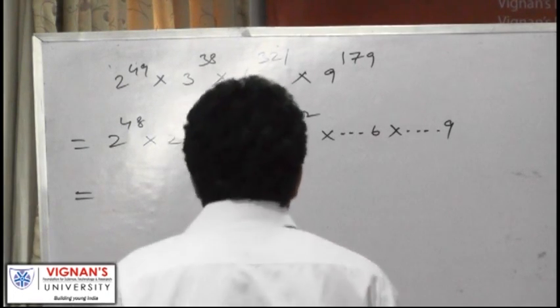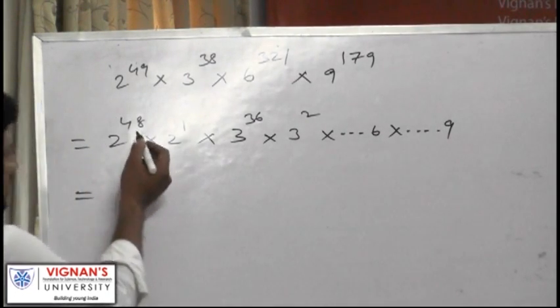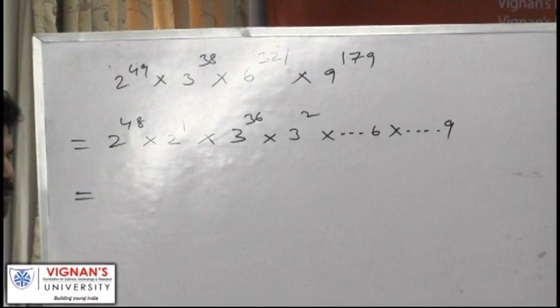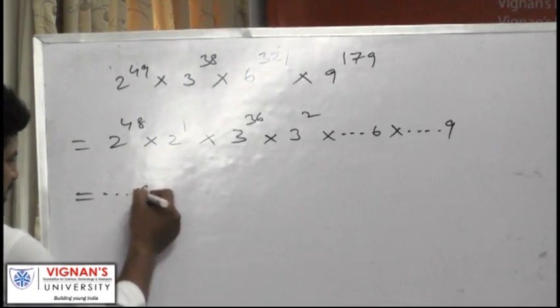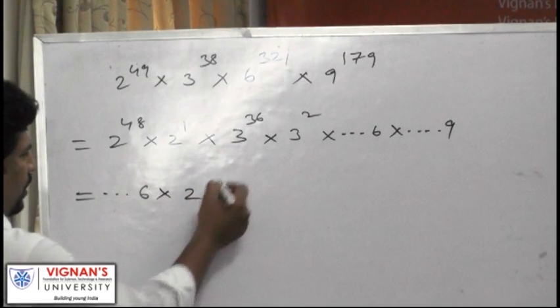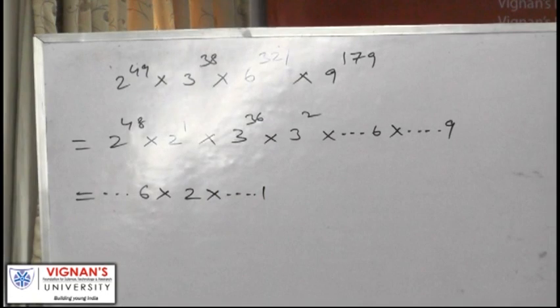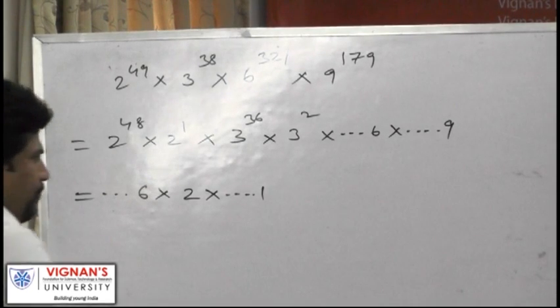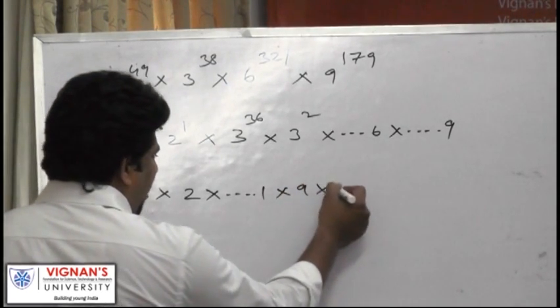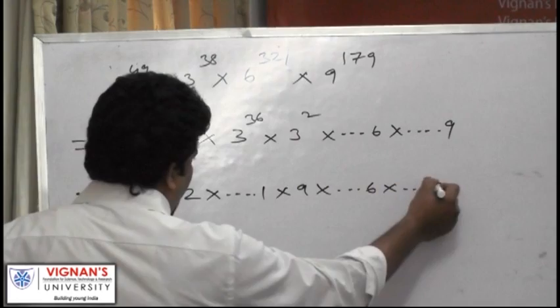That's why I have written it as 48, because 48 is a multiple of 4. 2 power 4n, if the power is of the form 4n, a multiple of 4, the unit digit is 6. 3 power 4n will give you 1 in the units place. 3 square is 9.